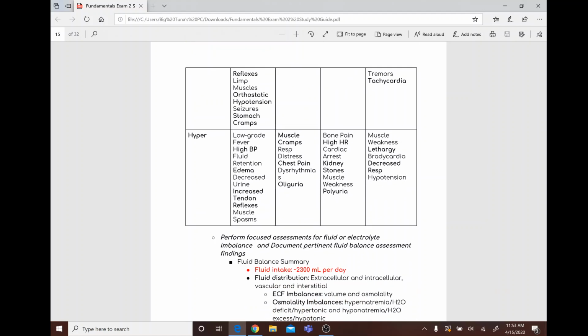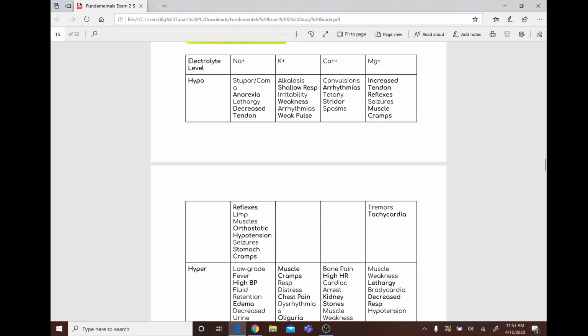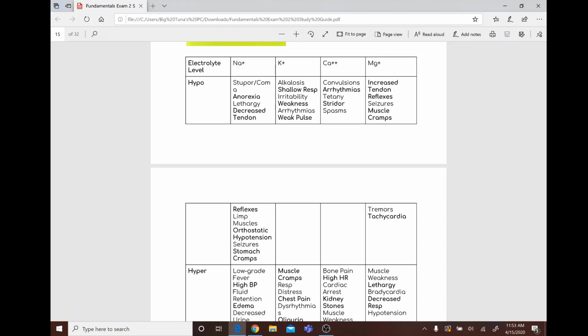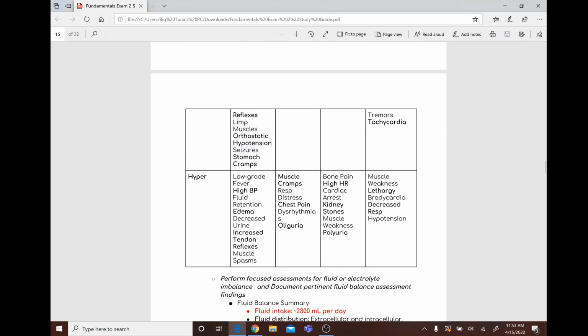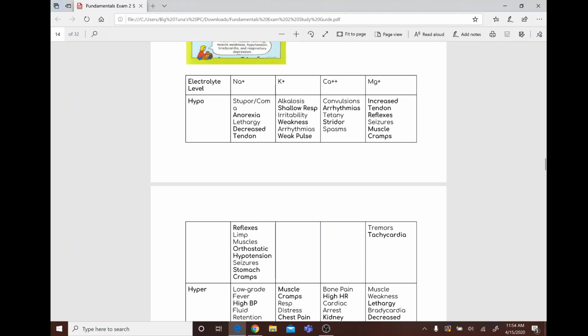What are the symptoms of hypercalcemia? Bone pain, high heart rate, cardiac arrest, kidney stones, muscle weakness, polyuria. What are the symptoms of hypomagnesemia?